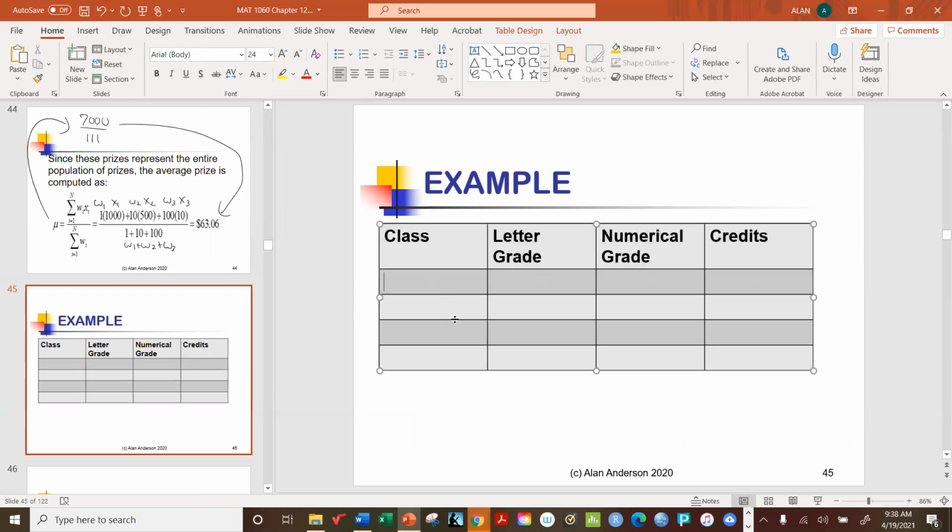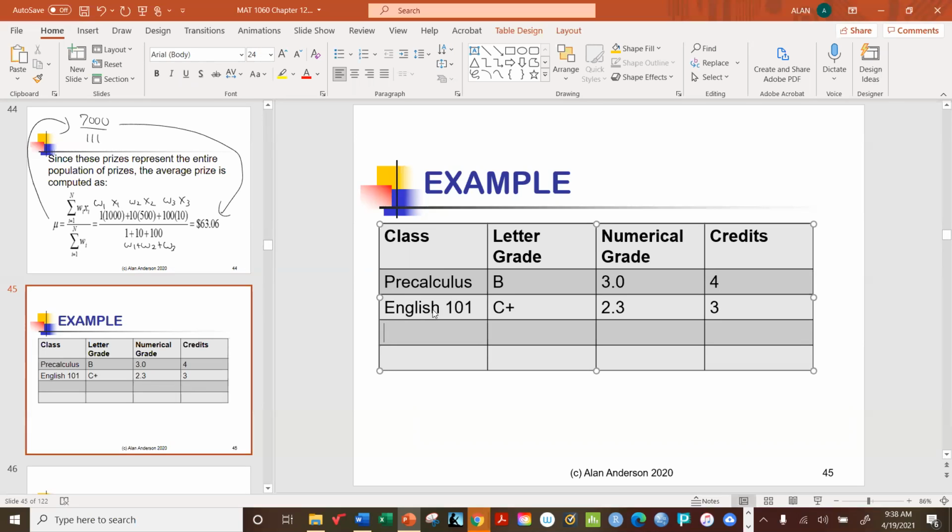All right. Suppose that the first one, this is a tough schedule, is pre-calculus, and the student gets a B, which is worth 3.0 points, and it's a 4-credit class. Then English 101: C plus, 2.3, 3 credits.